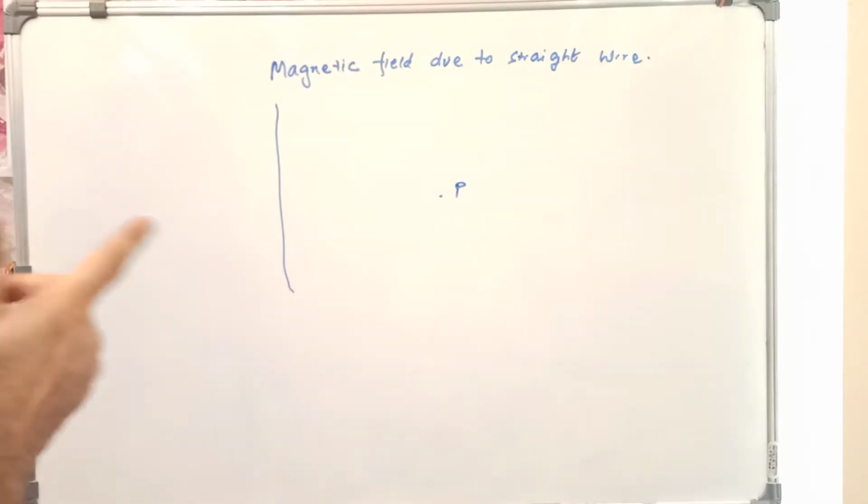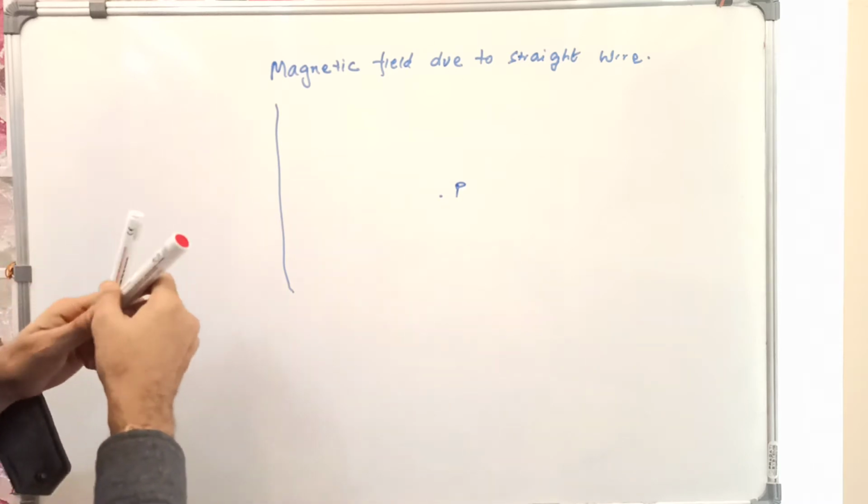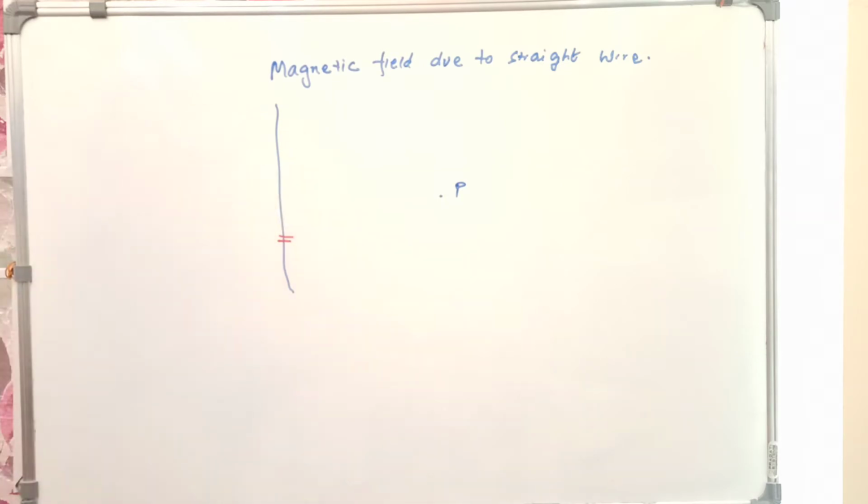And point P is in the vicinity. So, let me reiterate. In the earlier lecture, we spoke about Biot Savart's law, and in that law, we just spoke about incremental distance and the magnetic field it is generating at any point nearby.